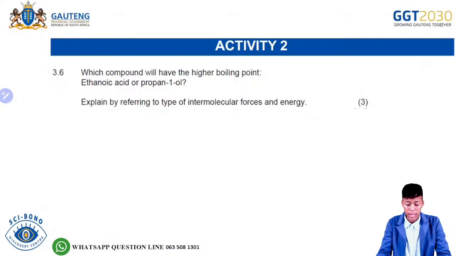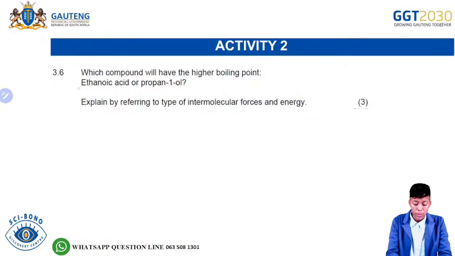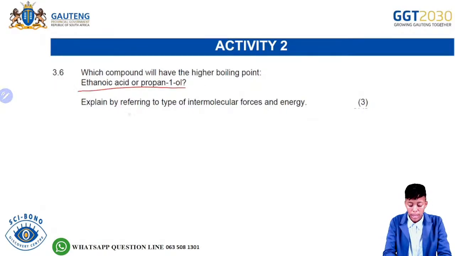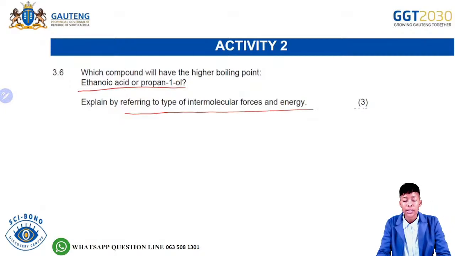Then 3.6 says, which compound will have the higher boiling point between ethanoic acid and propan-1-ol? Then it says, explain, referring to the intermolecular forces and energy.